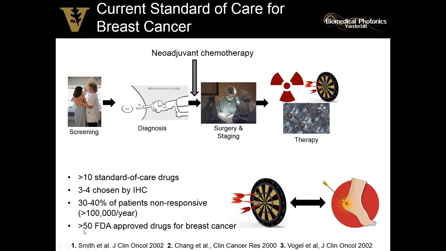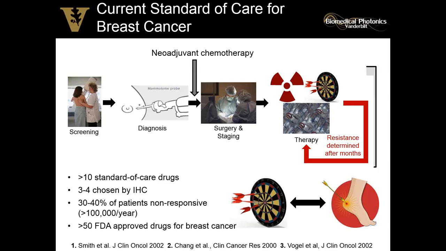Additionally, there are greater than 50 FDA-approved drugs for breast cancer, so there's a multitude of options, and there's a high toxicity associated with taking the wrong drug. And unfortunately, this resistance is usually determined after months of therapy. So a patient can undergo months of toxicities before they realize that the therapy they receive is not actually beneficial to shrinking their tumor. So this is the sort of paradigm that we're faced with, and we'd like to streamline this paradigm.